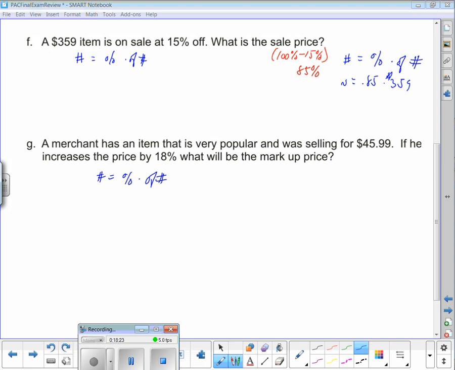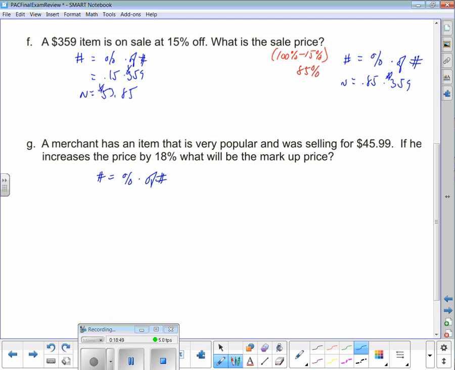Okay, if you'll pause where you're at, you'll do better to watch than to continue on trying to work. All right, so the first problem, 2 different ways you can solve it. If you use number equals percent times the of number, 0.15 for 15% times 359, you get $53.85.